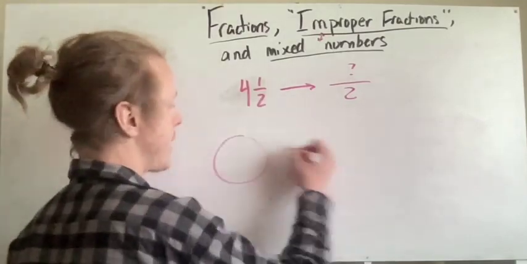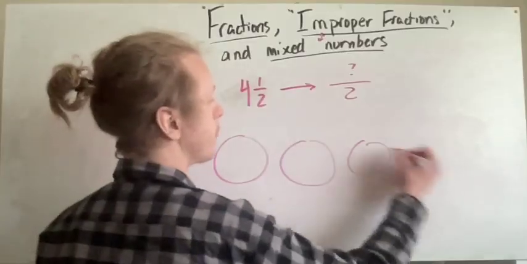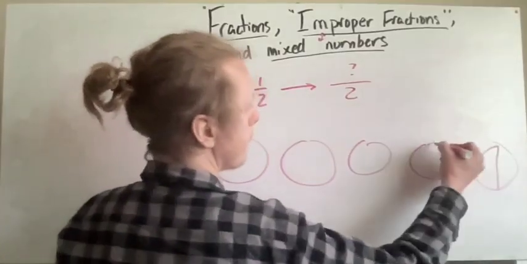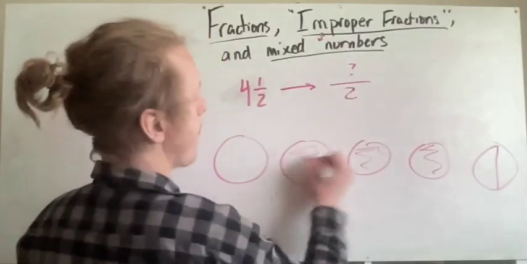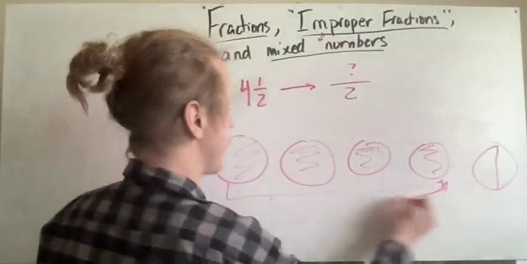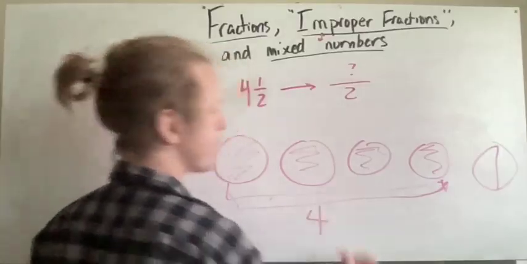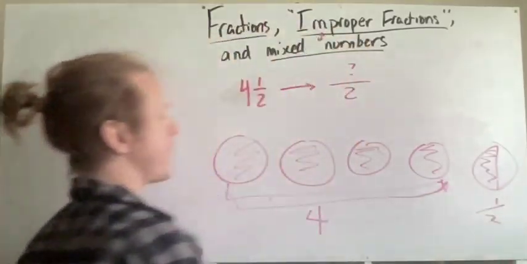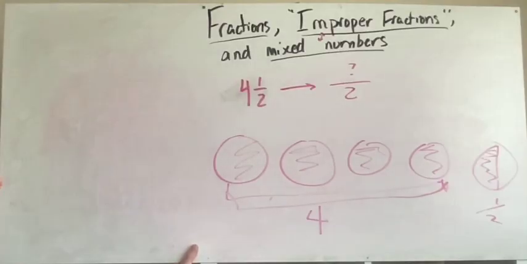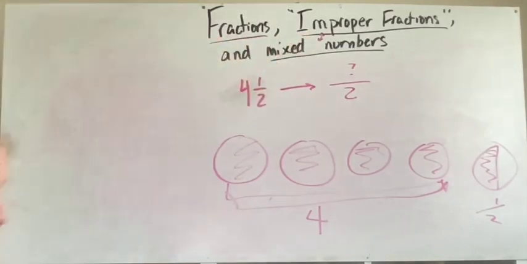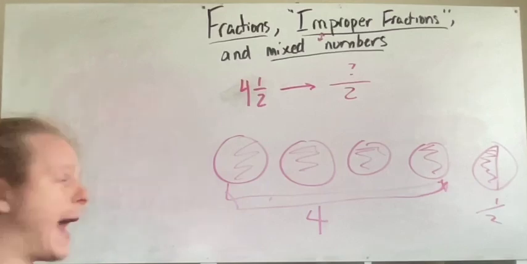So let's draw it out. 1, 2, 3, 4. Here's my 4 whole pizzas, right? And then here's my half pizza. 4 and a half. When we turn it into an improper fraction, again, we're saying how many half pizzas do I have?